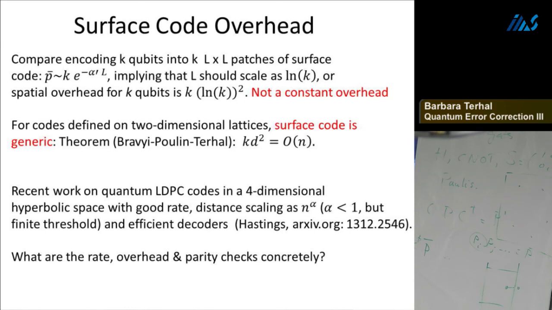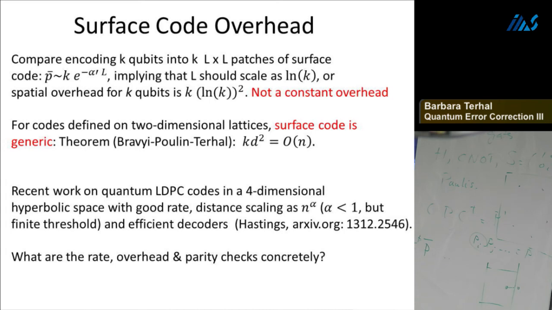And the total logical error rate of those k qubits will go like k, because there are k qubits, times the logical noise rate for every one of those qubits, which scales roughly like e to the minus some alpha times L. It goes exponentially down with L. Which implies, of course, if I want this to be some small epsilon, that L should scale like log k, and therefore for k qubits, I will use k times log k squared qubits.